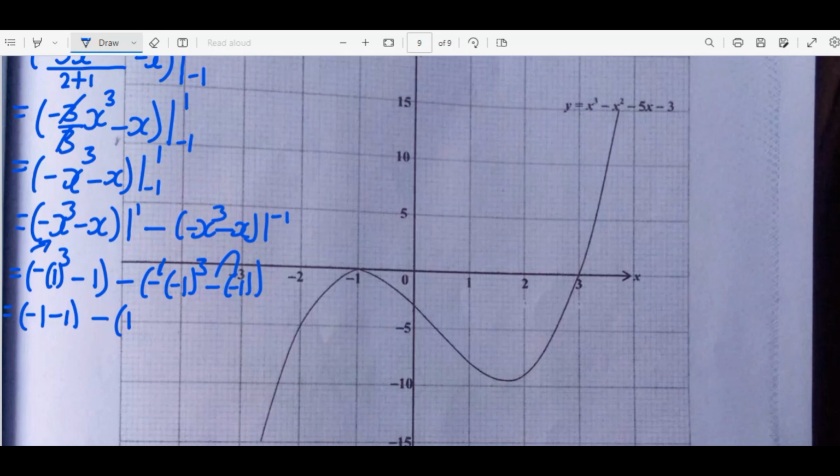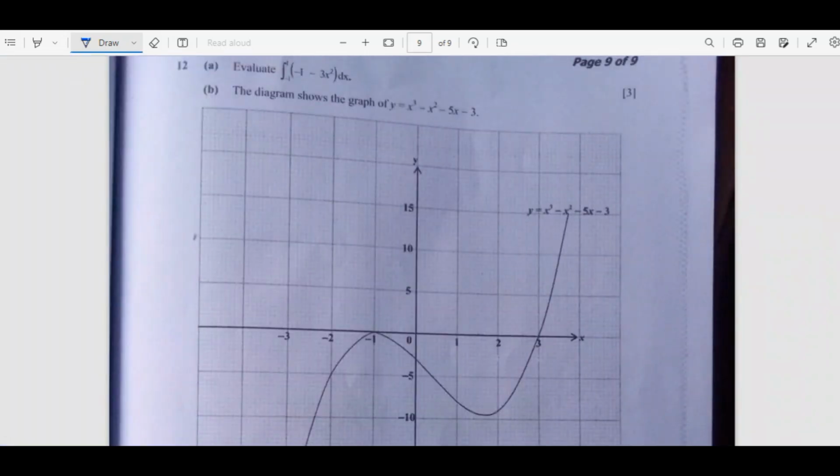Then negative times negative will give us +1 also here. Then we are going to add, here we get -2 since we have the same signs. Then also here we have 2, which is our final answer. It's just -4, which is the same as 4, because the definite integral simply means we are just calculating the area. So that is how we can integrate.